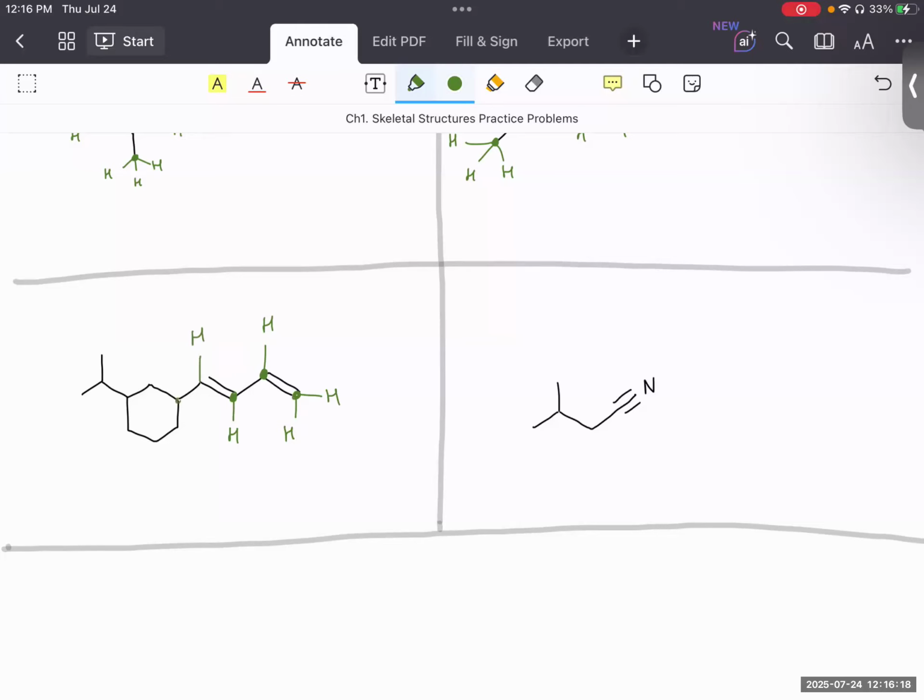And then now that we get to the ring, let's take a look at this carbon right here that I highlighted in yellow. So this one right now has 3 total bonds. And so we have to make sure that we add in a hydrogen right here.